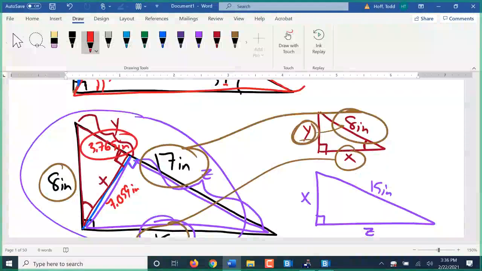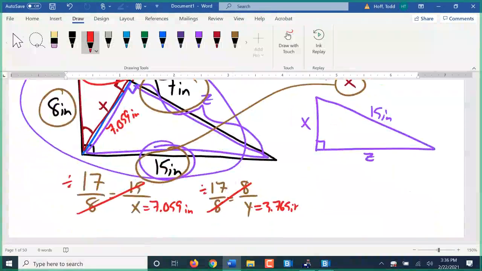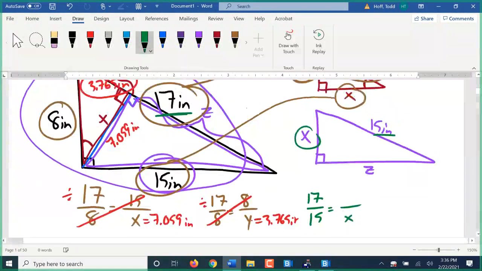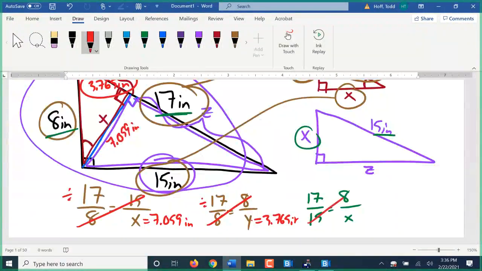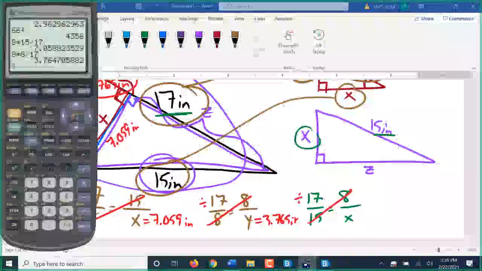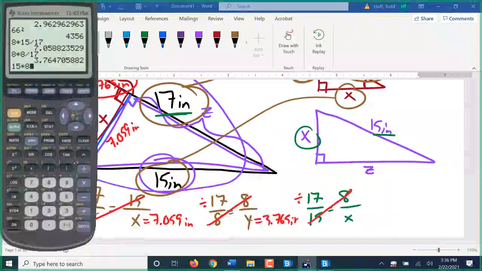Well, let's see if we can find the missing sides of this other triangle over here. Now we have 17 corresponds with the 15. X goes with the 15. It corresponds with what side from the other triangle? Cross multiply and divide. 15 times 8 divided by 17. 7.059.